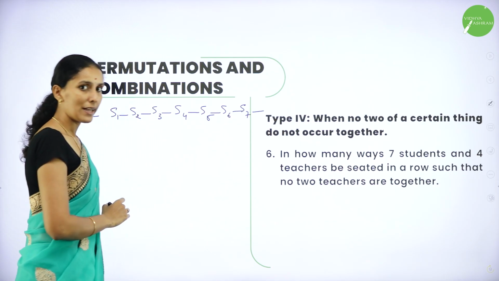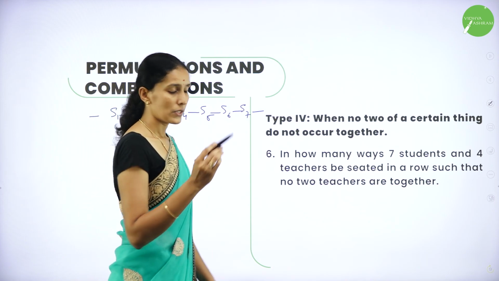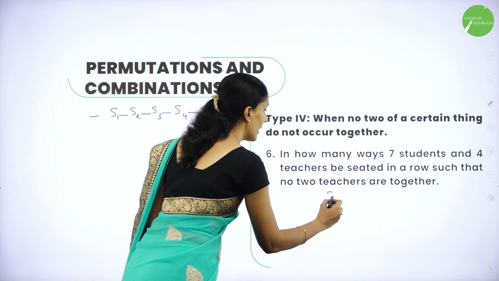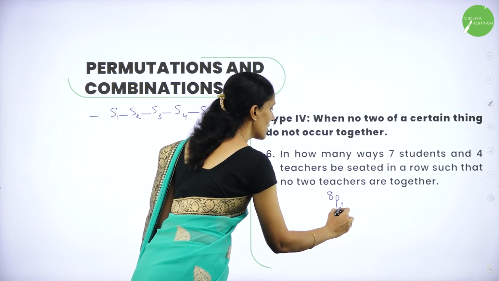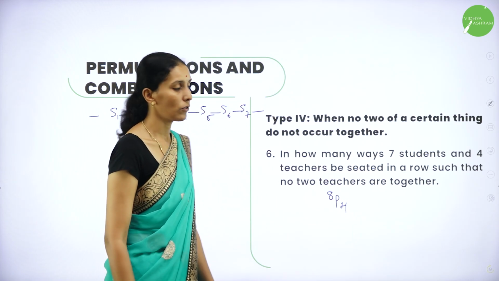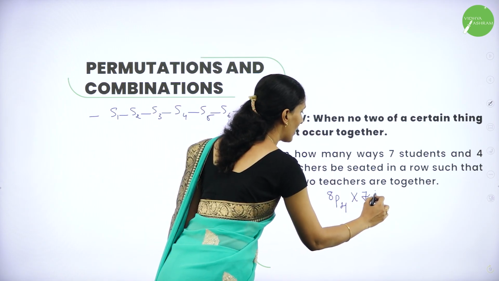Okay, so how many places do we have? We have 1, 2, 3, 4, 5, 6, 7, 8 places. So teachers can be arranged in 8 different places, but the choice is only for 4 teachers. So it is 8P4, whereas students can be arranged in 7 factorial ways.